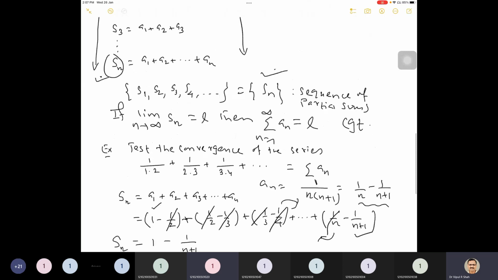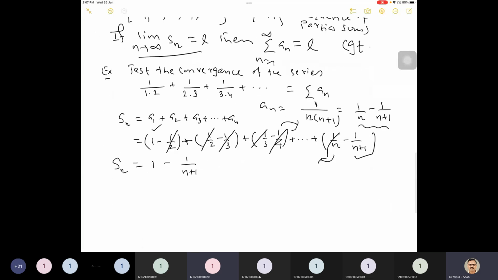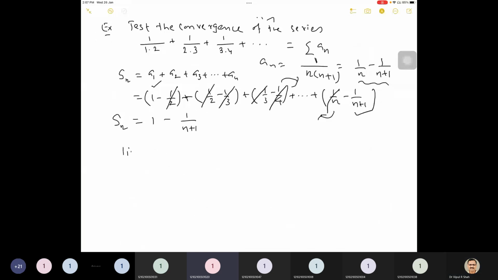Now, what is the definition? If the limit as n tends to infinity of Sn equals L. So now we find the limit as n tends to infinity of Sn. That is equal to the limit as n tends to infinity of 1 minus 1 upon n plus 1. What is this limit? 1. Because the limit as n tends to infinity of 1 upon n plus 1 is 0.